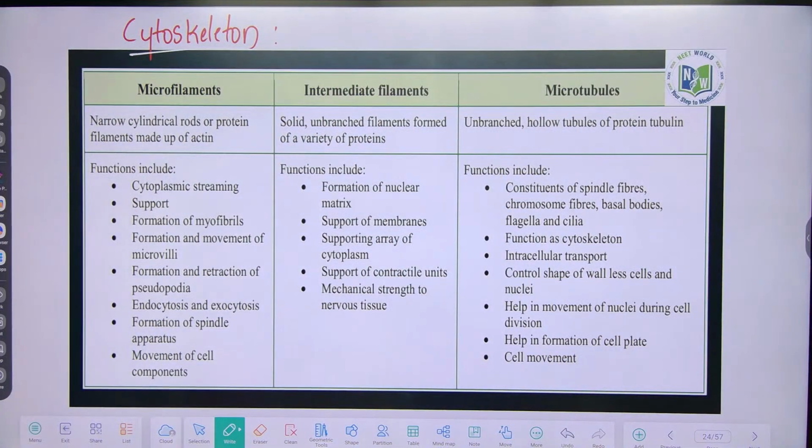Any doubts anywhere? Clear right now? Yeah. Now look at the cytoskeleton.